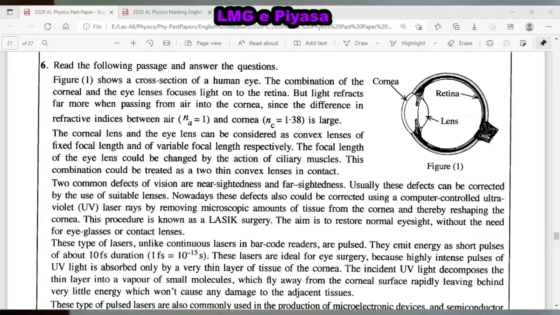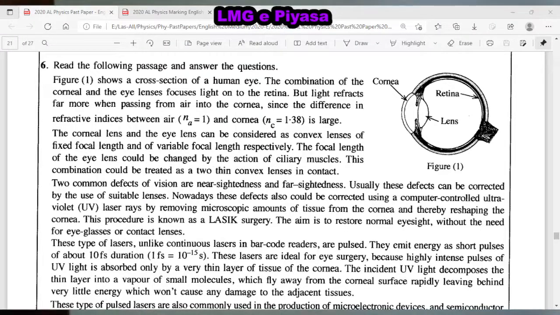These lasers are ideal for eye surgery because highly intense pulses of UV light is absorbed only by a very thin layer of tissue of the cornea.